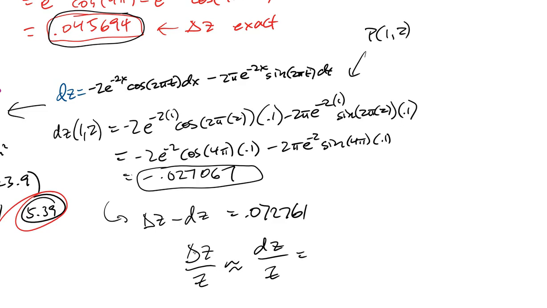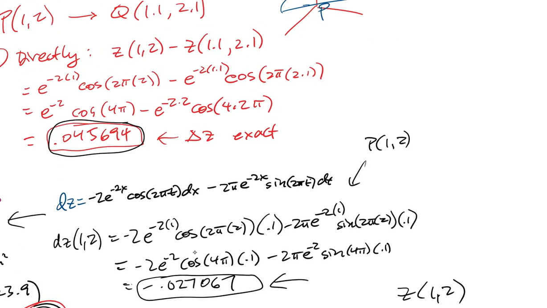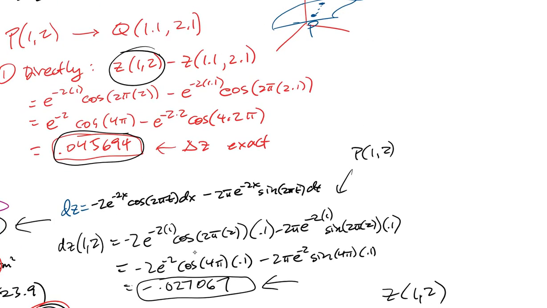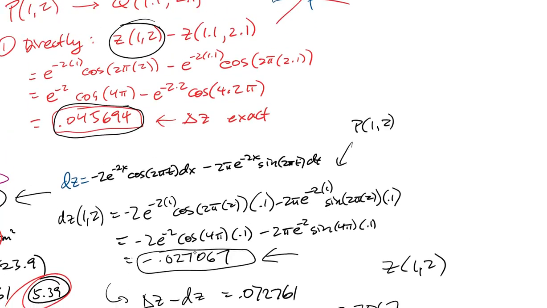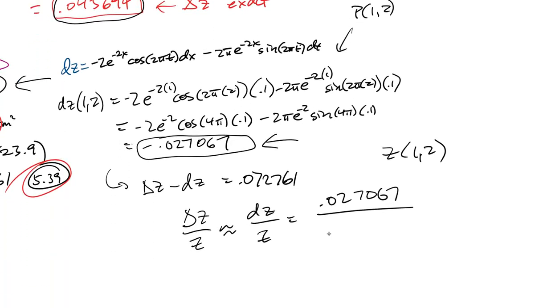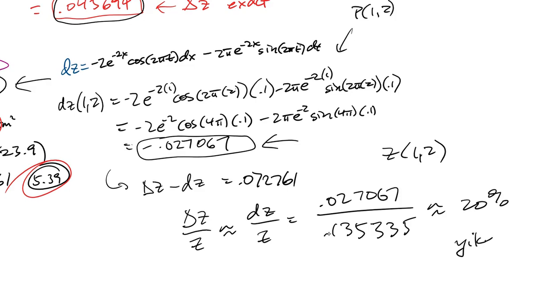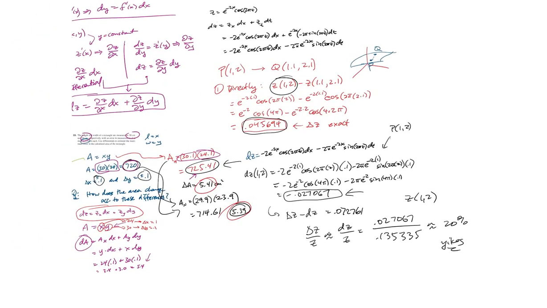So I'll take 0.027067, in absolute value, and divide it by z of (1.1, 2), which was up here, a 0.135335 number basically. That's about a 20% error, which, yikes, is kind of a lot. Normally it's much smaller than that.